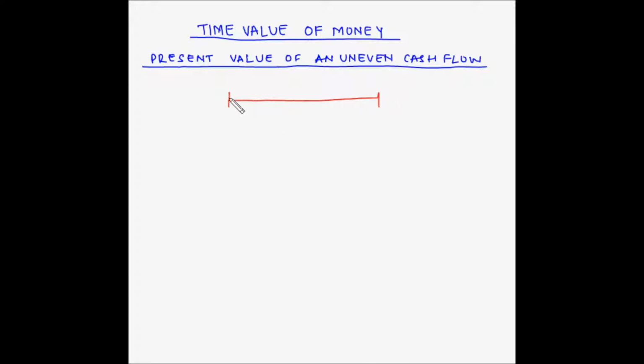Let's say this is a time scale for 5 years, and you are going to get a payment of 2000 rupees at the end of each year. So as you can see, all these payments are equal. So this is the case of an annuity.